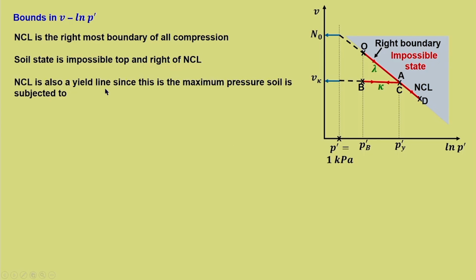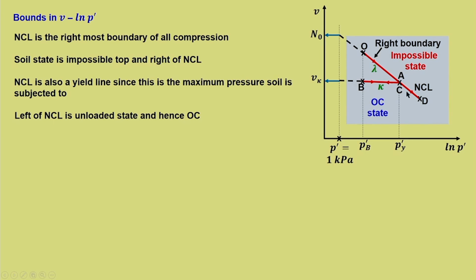NCL is also a yield line, since this is the maximum pressure the soil is subjected to. Left of NCL is the unloaded state and hence over consolidation.